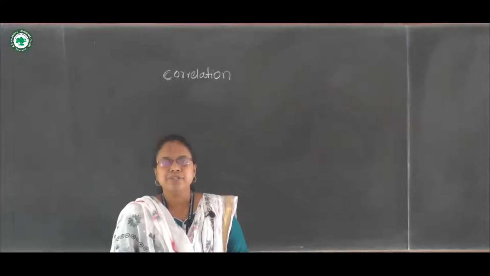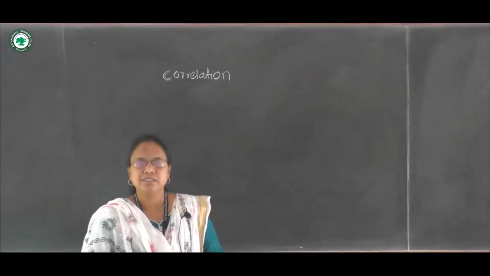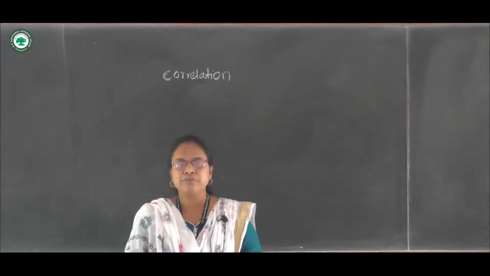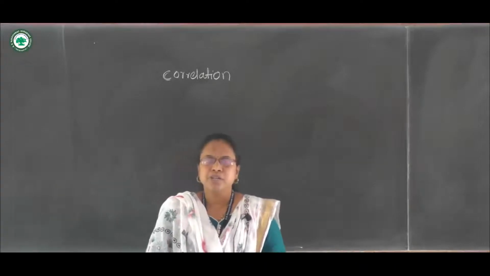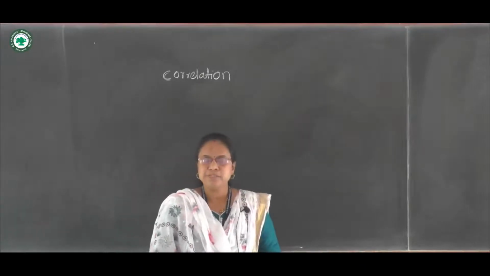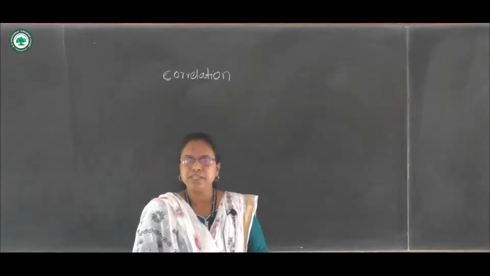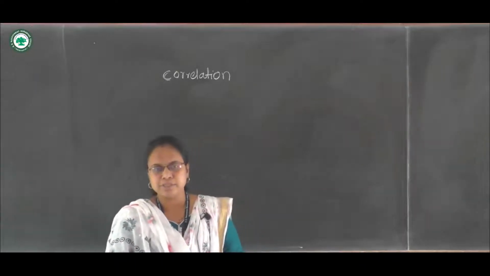Today we will see the topic correlation, which is included in the second semester of first year BSc. So let us start with the concept correlation. Sometimes two variables are interrelated and we want to study the relationship between them.